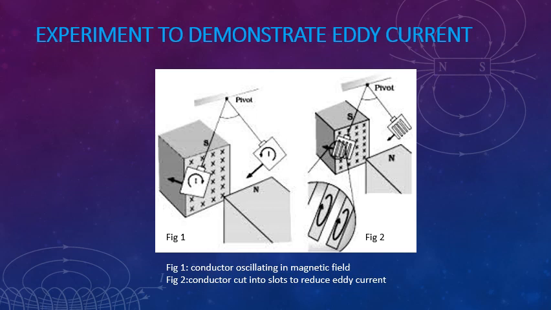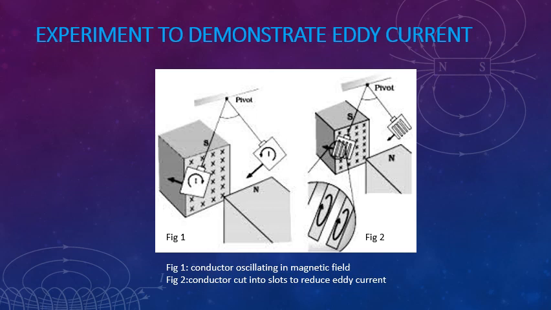So, due to the change in flux, the electrons inside the conductor will start circulating and will create eddy current, and this will oppose the increase in flux. So, the face of the conductor towards the north pole of the magnet will behave like a north pole, and the current will be flowing in an anti-clockwise direction.